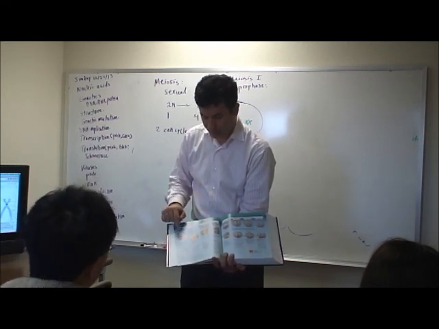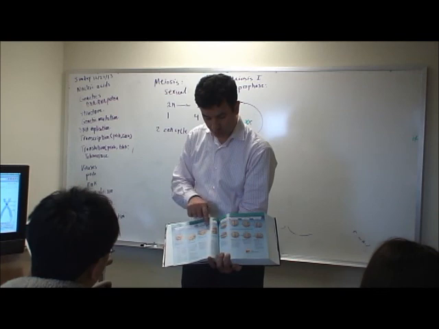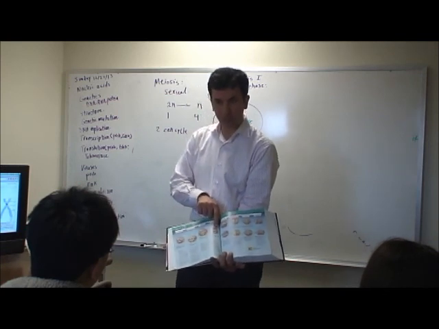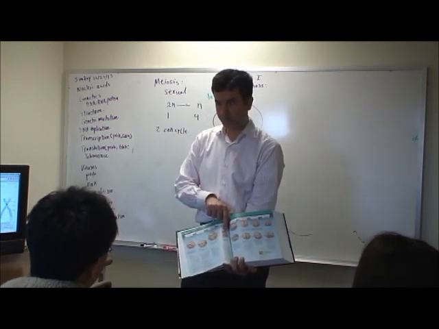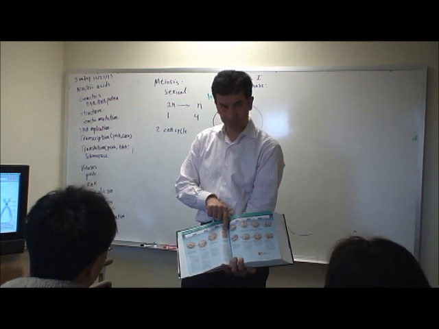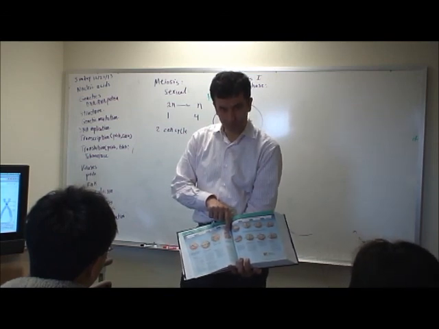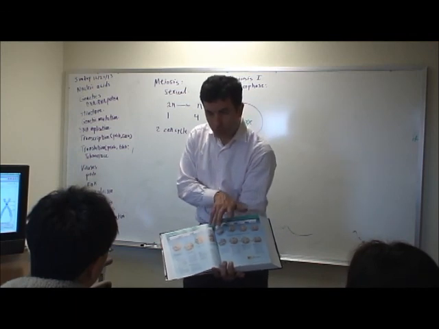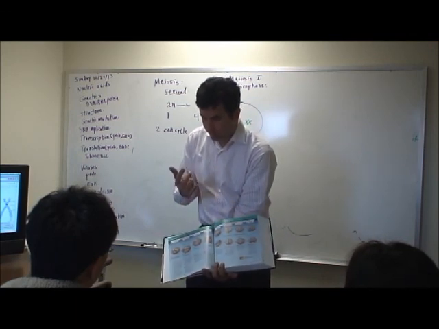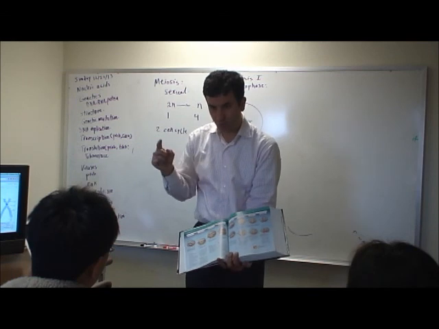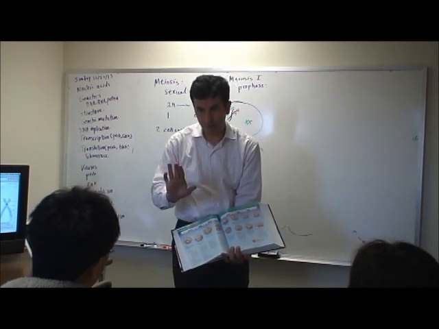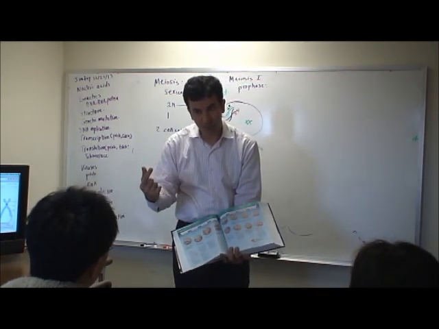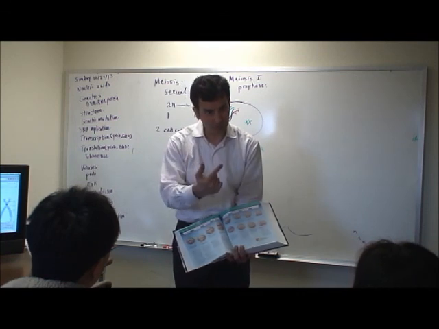Next question, if this is 2N, what would this be, N or 2N? 2N. This would be N. Now the second meiosis. Think of it this way: what was mitosis? One cell becomes two cells, right? Would the genetic number change in mitosis? 2N is 2N.